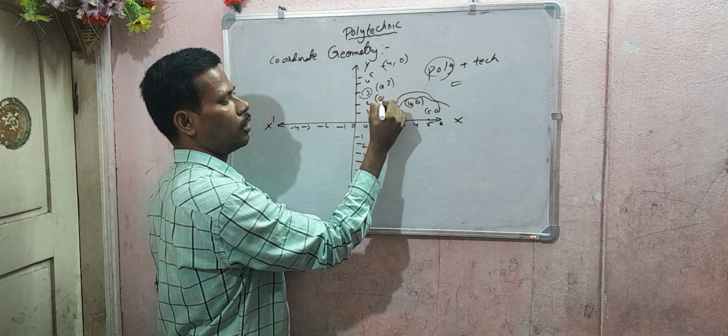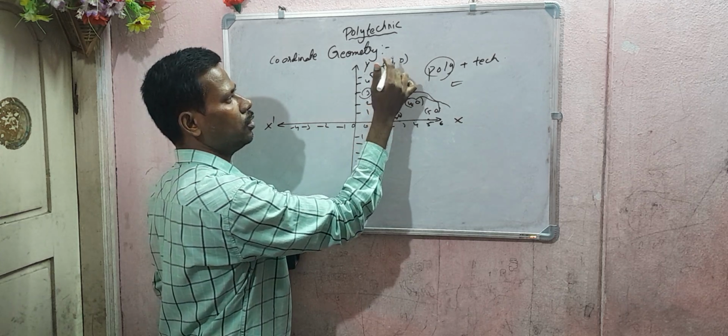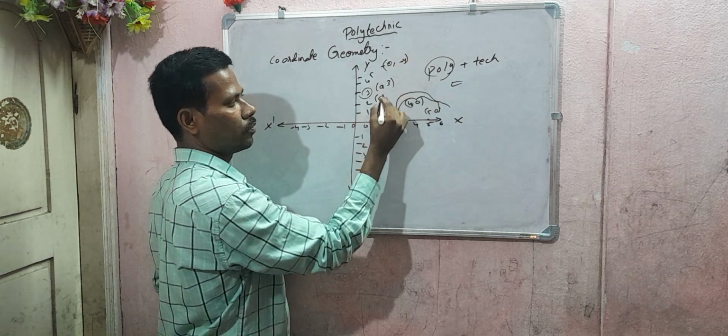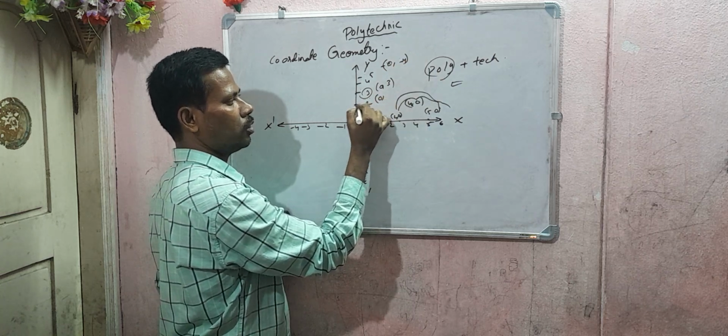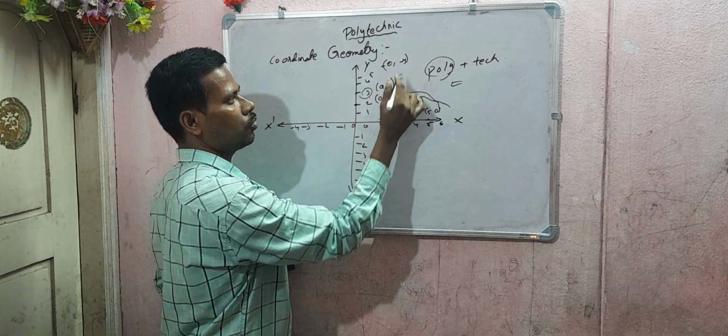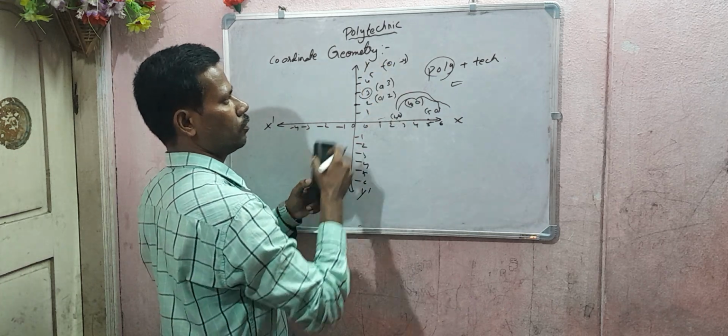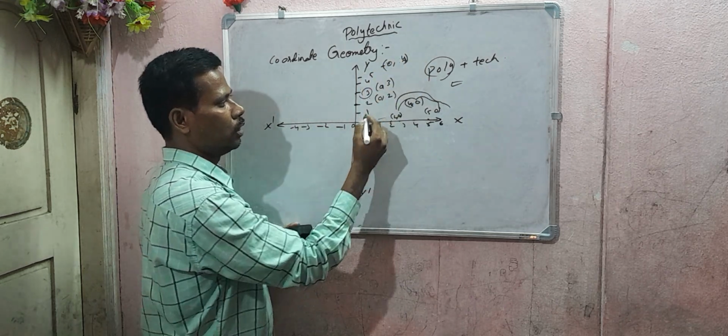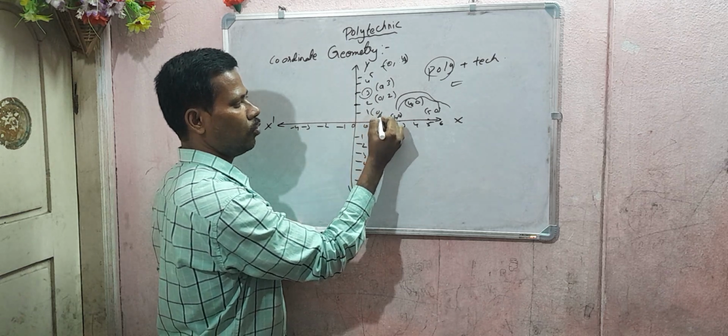So what is the pattern? X is 0, y coordinate is minus 4. X is 0, y coordinate is 2. Not minus 4, this one is 4. X is 0, y coordinate is 1.